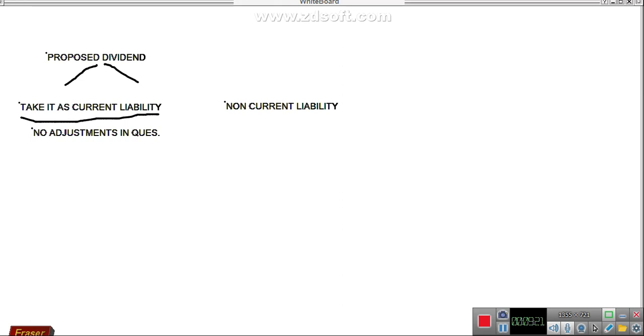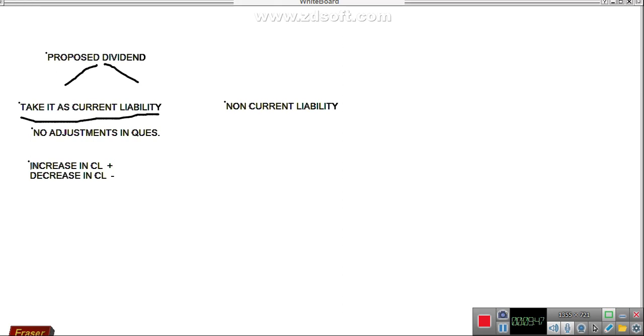Just like you treat current liability in cash flow from operating activities: if there is an increase in current liabilities, you add it, and if there is a decrease in current liability, it will be subtracted.